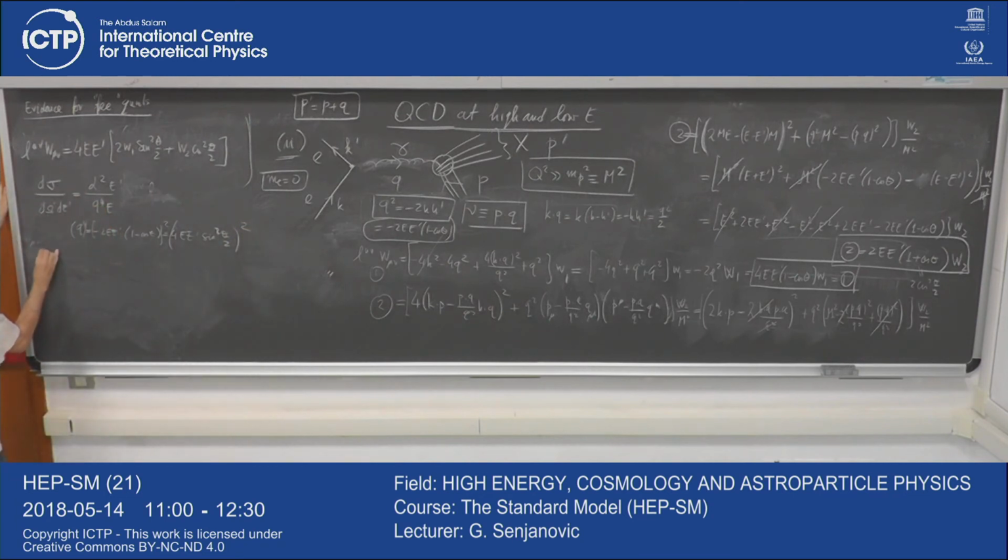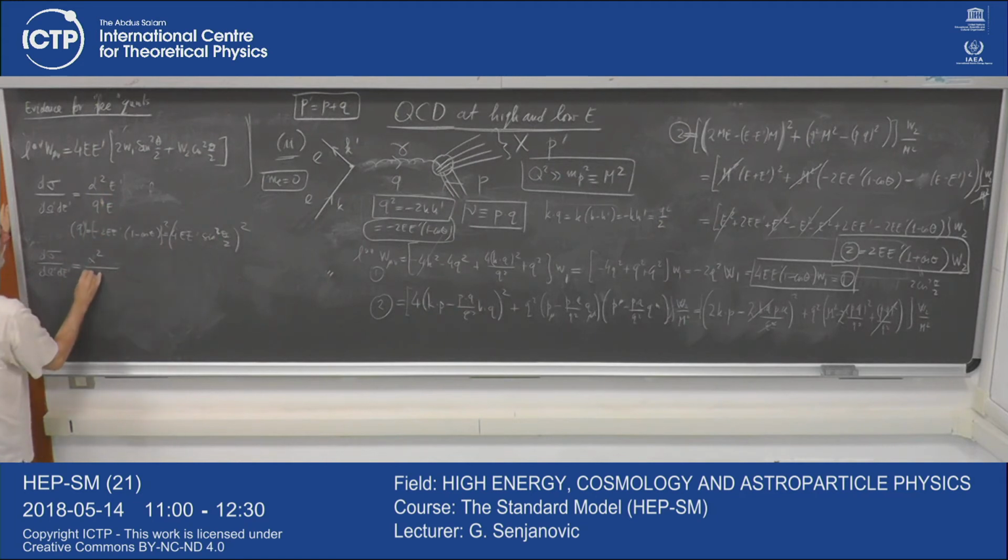So what we get, d sigma, this is what you can measure. Okay, we found a reasonably neat expression. There was E prime, and another E prime is E prime square.